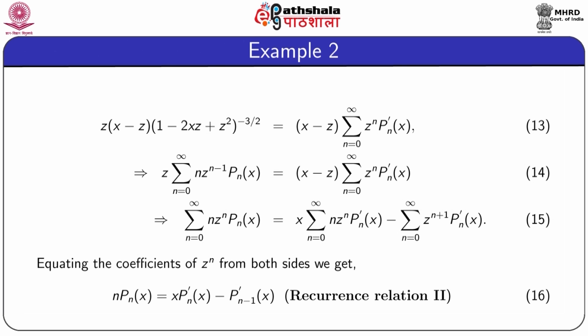After simplification, we will get equation number 14, which is z summation n equal to 0 to infinity n z to the power n minus 1 p n x is equal to x minus z summation n equal to 0 to infinity n z to the power n p n x, which is given by equation number 14.